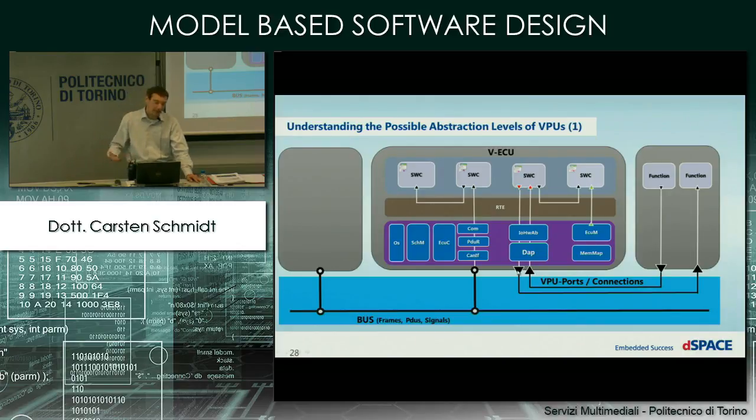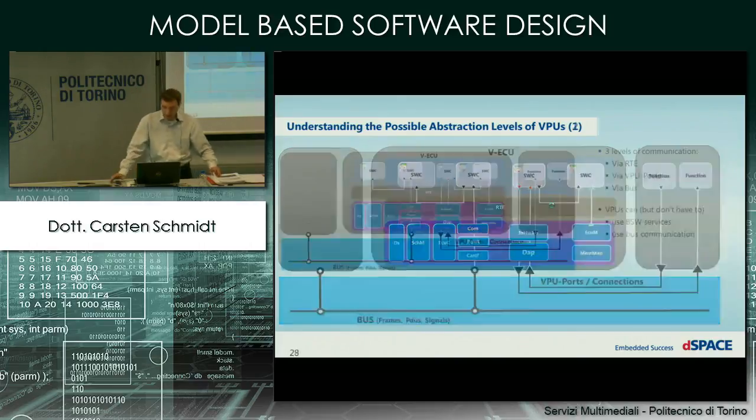And in some respect, this VPU port corresponds to this plug-in where you can plug in the sensor. And you can also configure virtual ECUs to have these VPU ports, and you can connect ECUs by these VPU connections. And these are basically the three different ways how things can communicate on this level here.